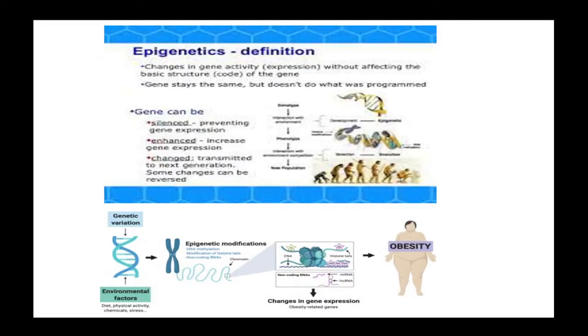The genes can be silenced, meaning prevention of gene expression, or enhanced, meaning increase of gene expression, and changes can be transmitted to the next generation. Some changes can be reversed. The environmental factors can change the expression of genes.